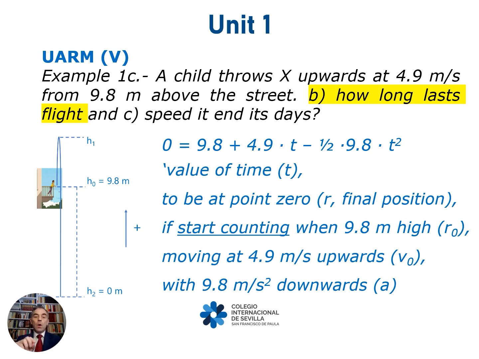Again, what is the value of time at which moment for us to get to point 0, the street, the origin of coordinates, if we start counting the time when we are at 9.8 meters above the street, and at that instant we are moving at 4.9 meters per second upwards, positive, whilst through the entire movement we have an acceleration downwards 9.8 meters per second squared, therefore minus 9.8.